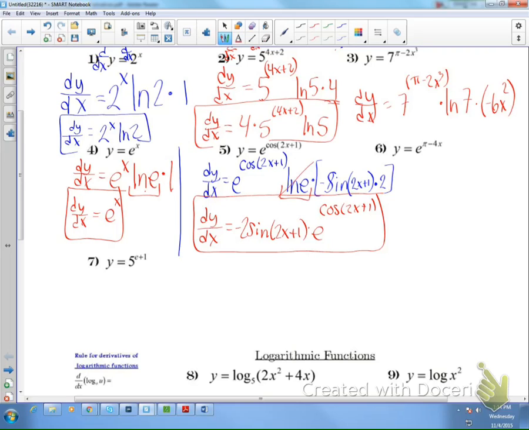What's the derivative of the constant? This one equals dy.